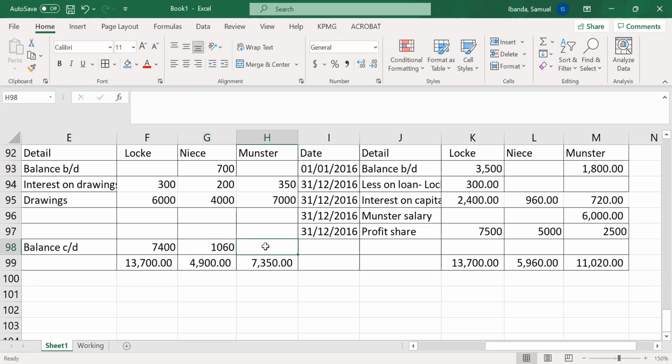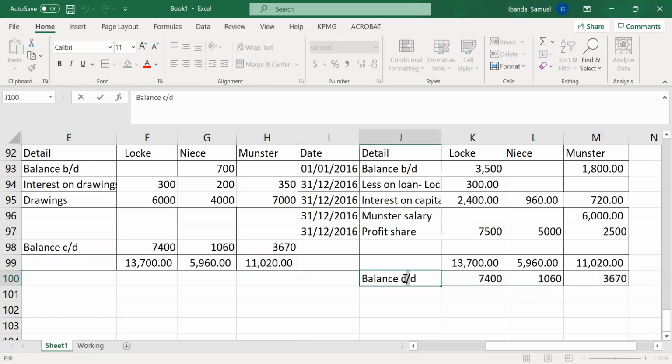Normal balancing off basically. 11,020 minus 7,350. So the totals will now be the same. And as these are balance carried down, there will also be your balance brought down. It should be your balance brought down right there.